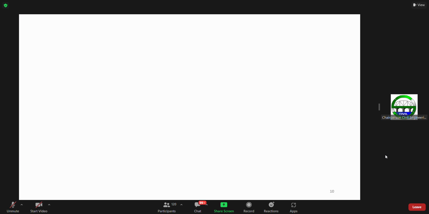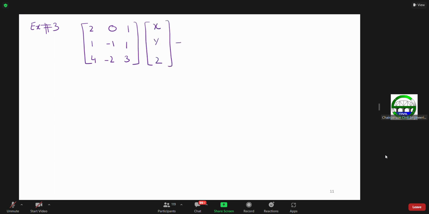Okay, so next question is our example number 3. In example number 3, let's try to find, for the matrix 2, 0, 1, 1 minus 1, 1, 4 minus 2, 3, and this one is x, y, z is equals to 3, 1, 3.